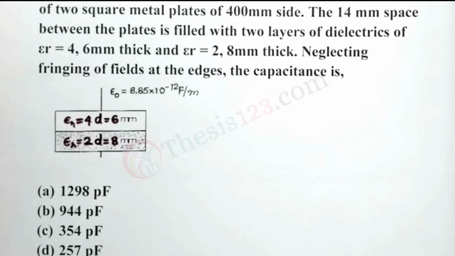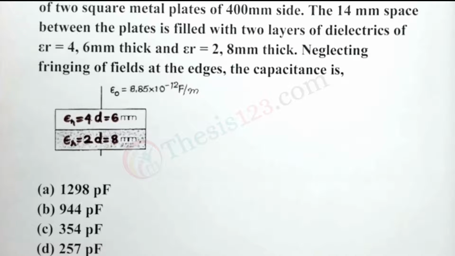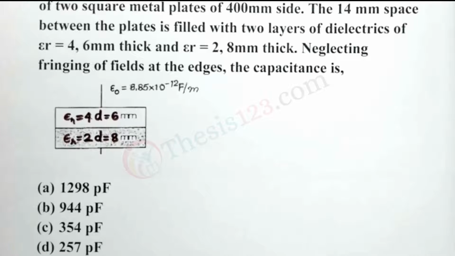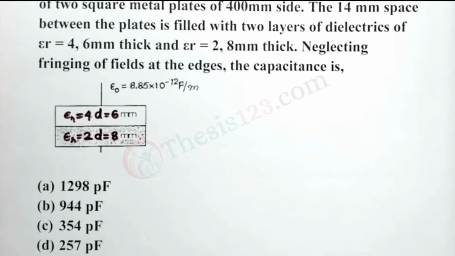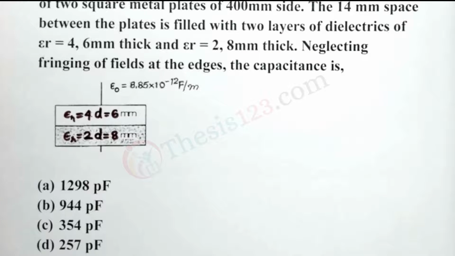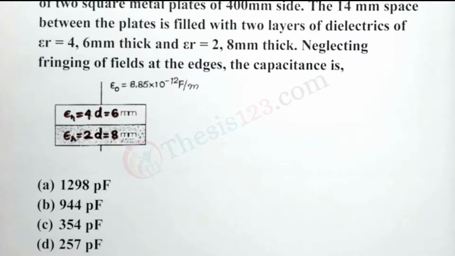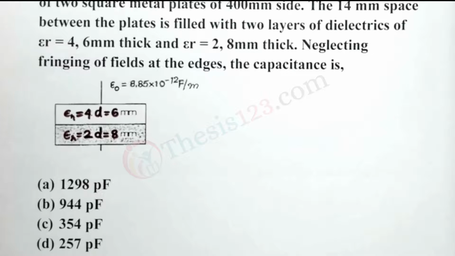Neglecting fringing of fields at the edges, the capacitance is. The options are A 1298 picofarads, B 944 picofarads, C 354 picofarads, and D 257 picofarads.